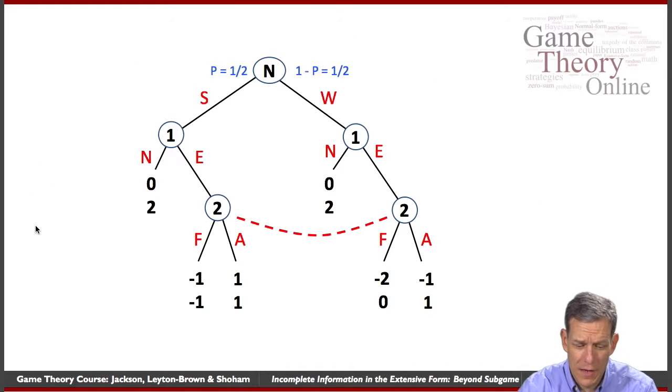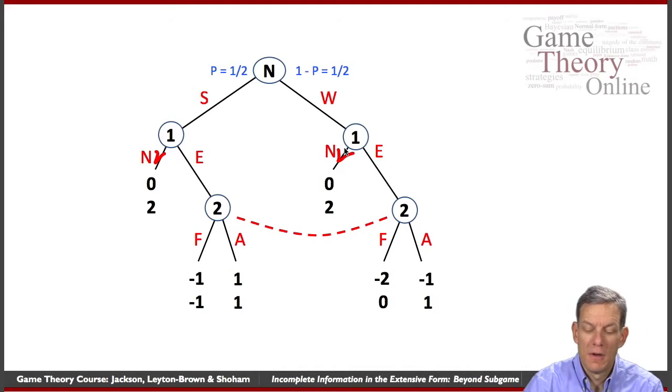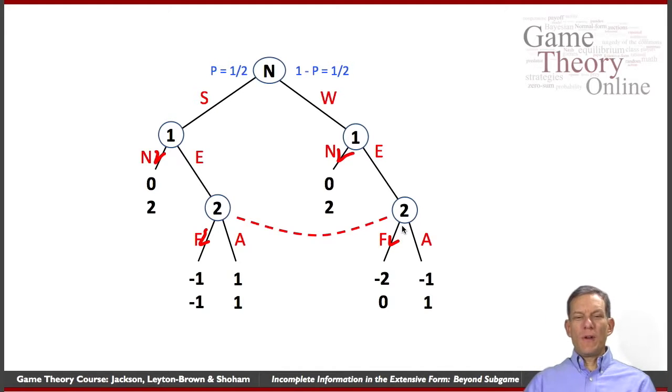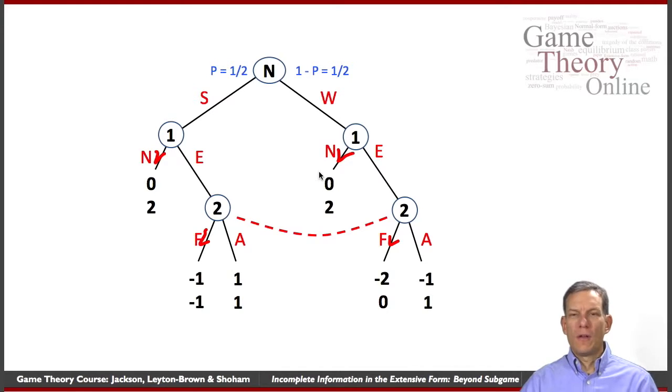So if we're looking at Nash equilibria, let's look for a couple of them. Let's take a peek at one where firm 1 does not enter, right? So no matter what, firm 1 does not enter, whether they're strong or weak, and firm 2 plans on fighting. Okay, so firm 2 says, I'm going to fight you if you enter, and firm 1 says, oh, that's bad, I'm going to get negative payoffs, therefore they don't enter.